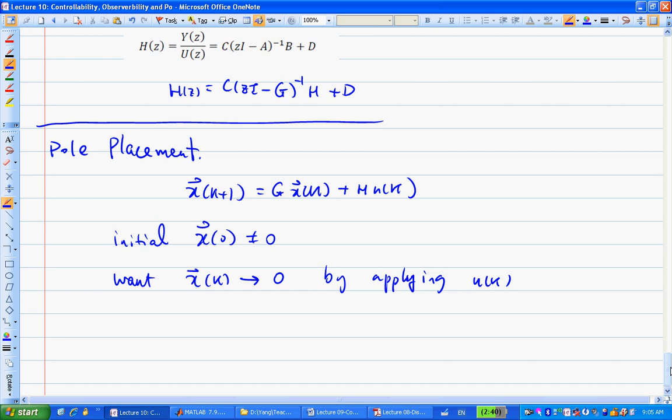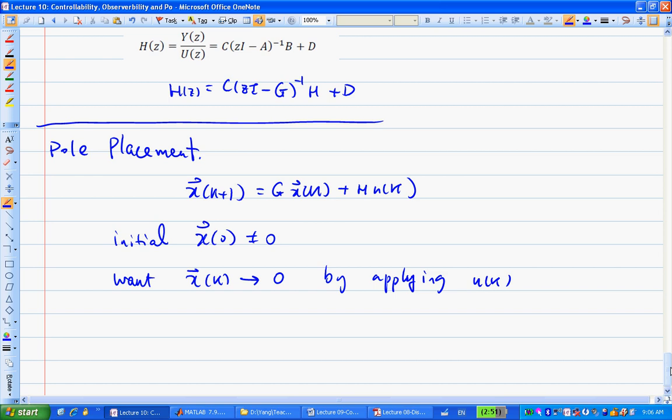So the question, of course, is how fast do you want it to go back to 0? And if it goes too fast, it causes an overshoot, and what will be the amount of overshoot that you desire, or you don't care? So when we design a classic control system, there are always a set of specifications.